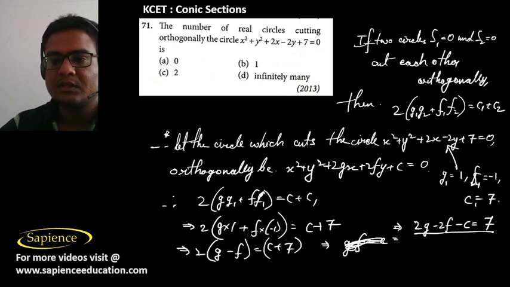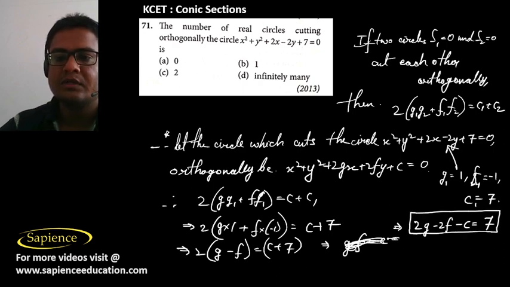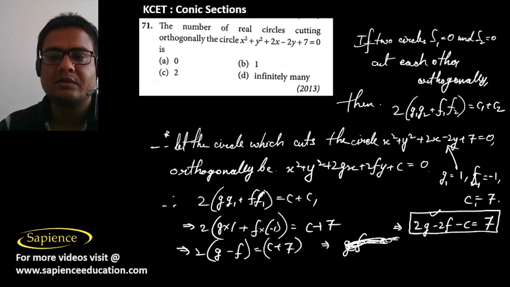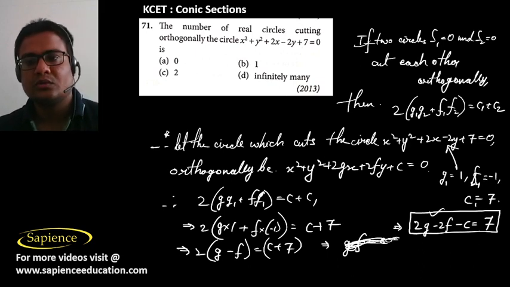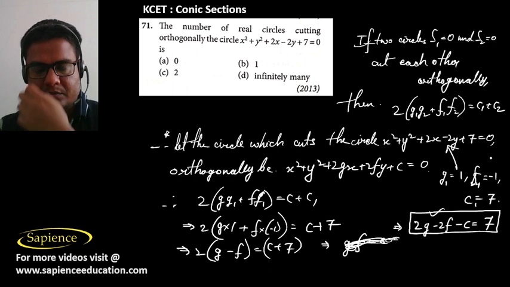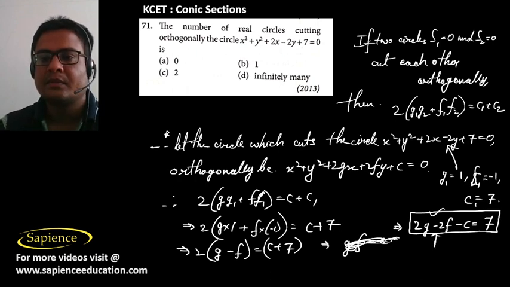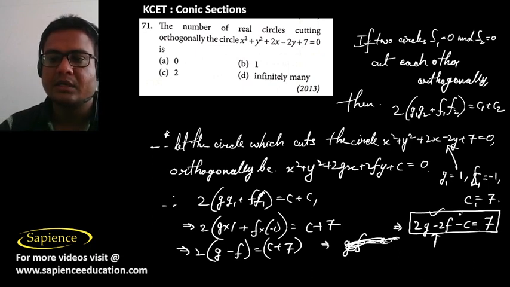If this is satisfied, then only that circle will cut this circle orthogonally. So there can be infinitely many sets of values of g, f and c for which this equation is satisfied.